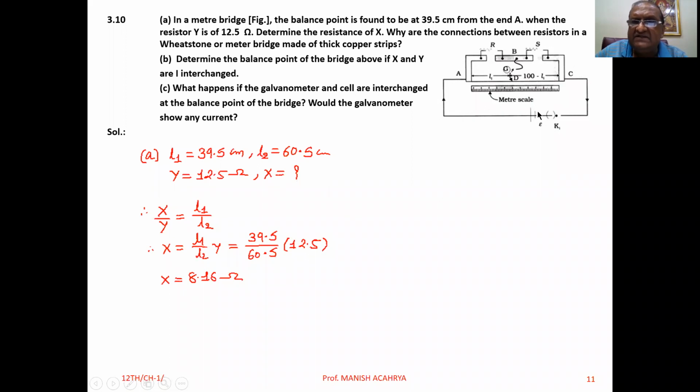Now here in this circuit consider this R as X and S as Y. So X upon Y is equal to L1 by L2. So X equals L1 by L2 into Y. L1 is 39.5 upon L2 which is 60.5, Y is 12.5. So you will get X equal to 8.16 ohm.